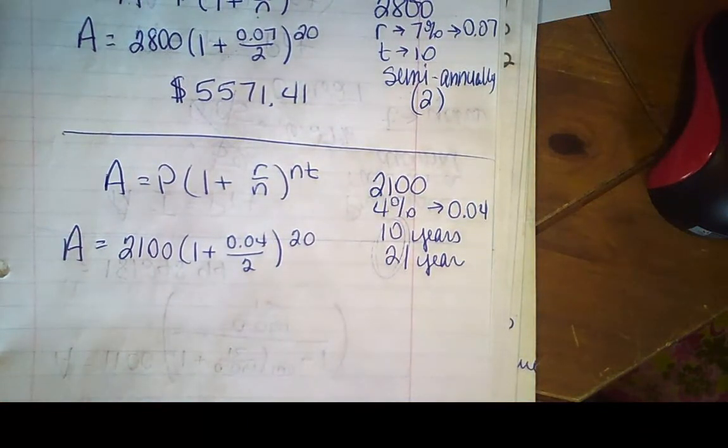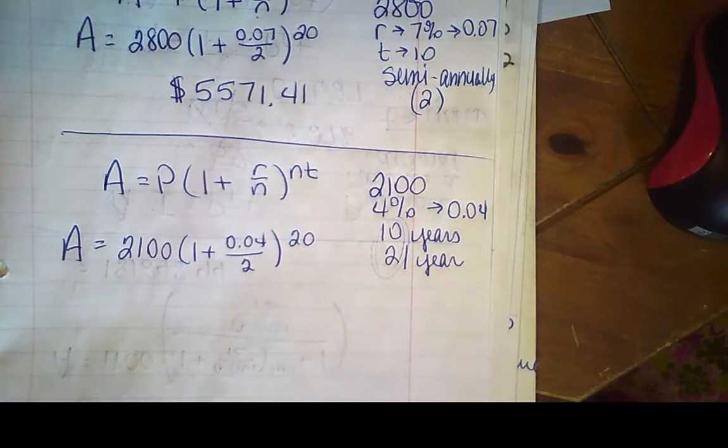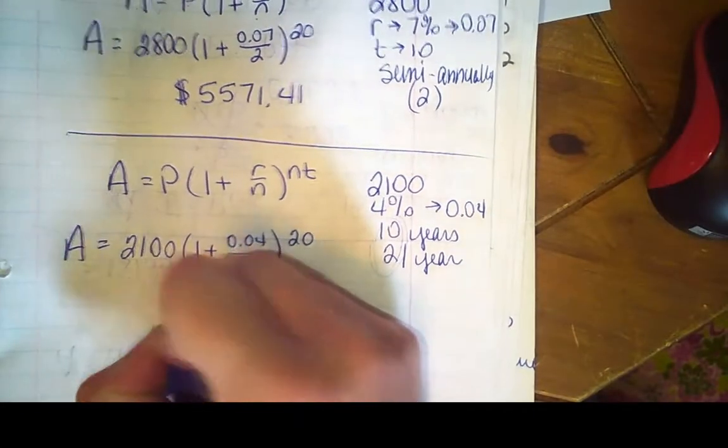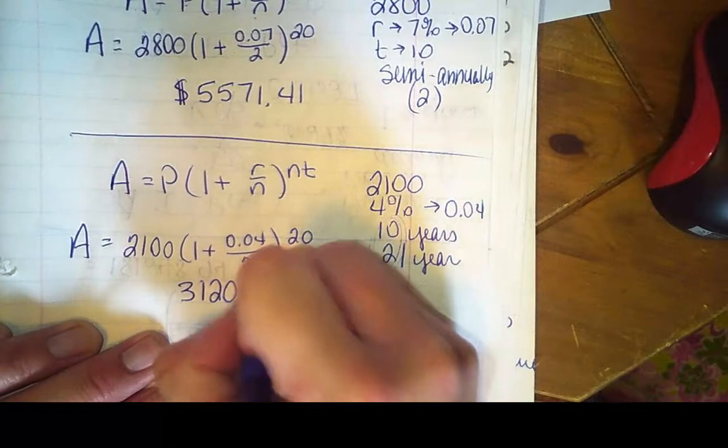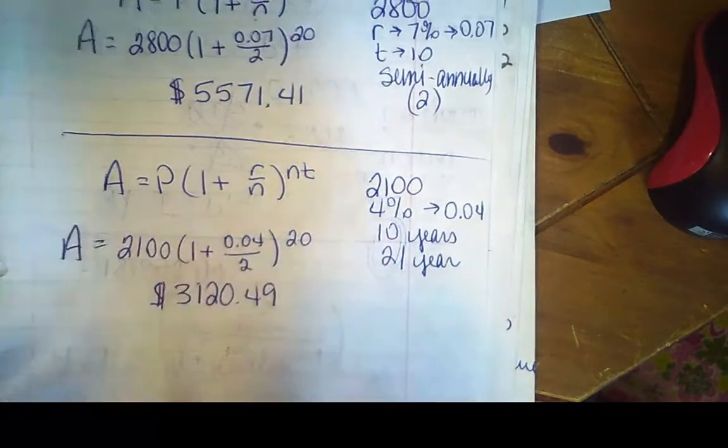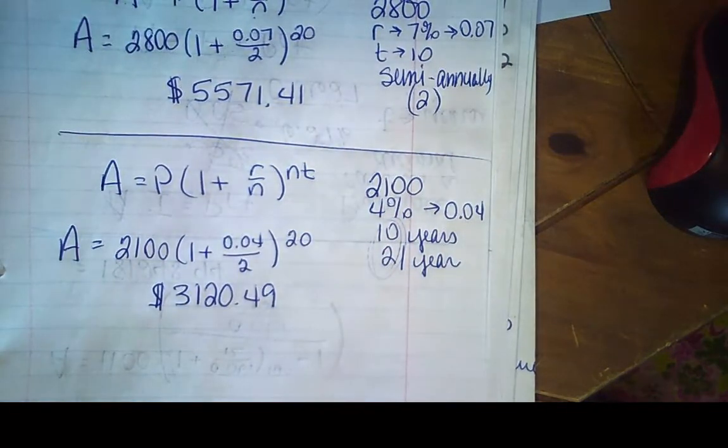So in your calculator, we've got 2,100 times (1 plus 0.04 divided by 2) raised to the 20th power gives me $3,120 and 49 cents. Okay, so again, what does semi-annually mean? The number of conversion periods, or the number of compounding periods per year, would be 2.